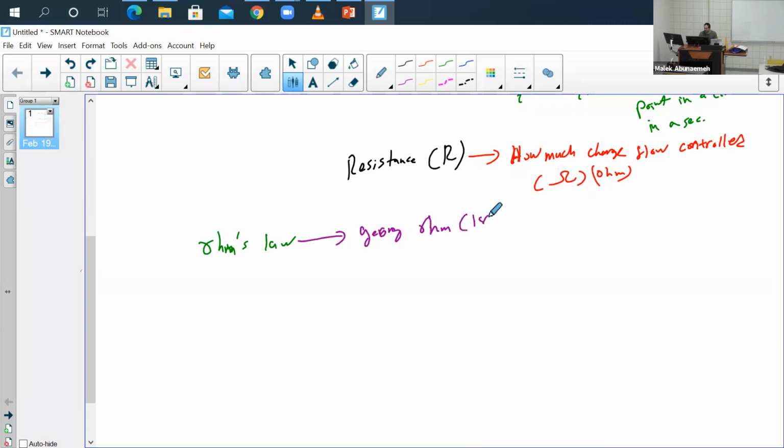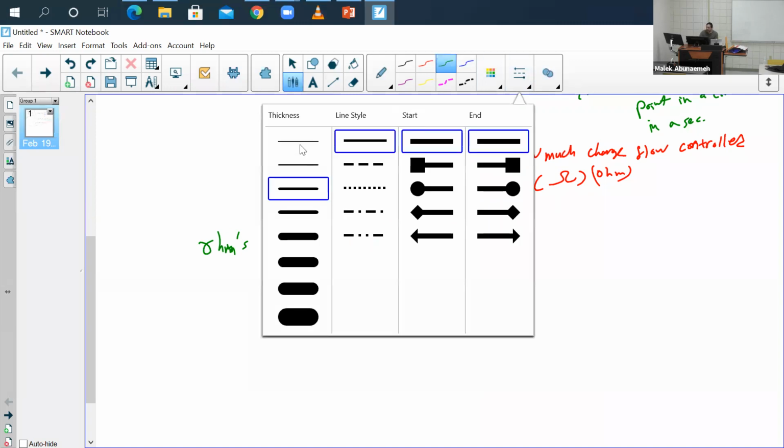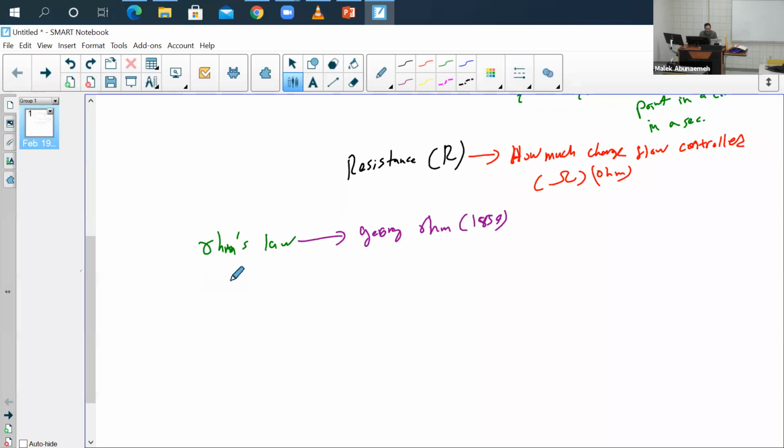I think he died in 1954. This Ohm's law states that your current is going to equal your voltage divided by your resistance. So your voltage equals IR.